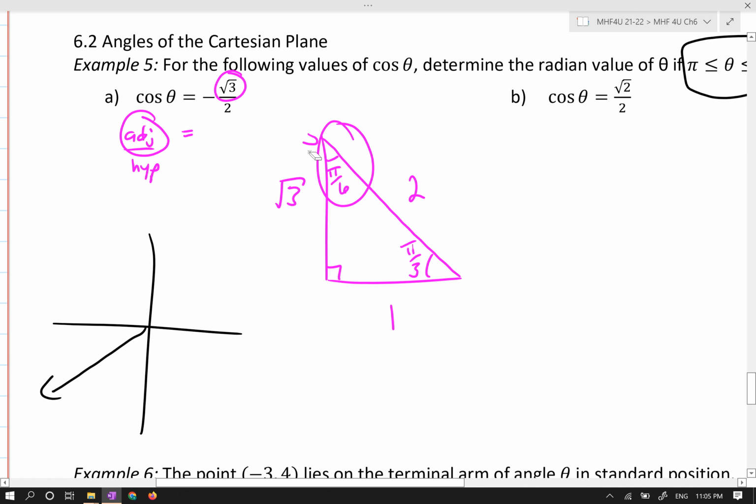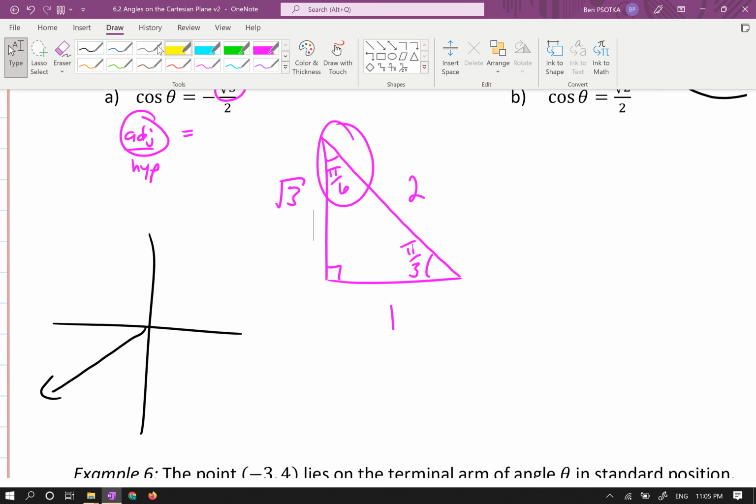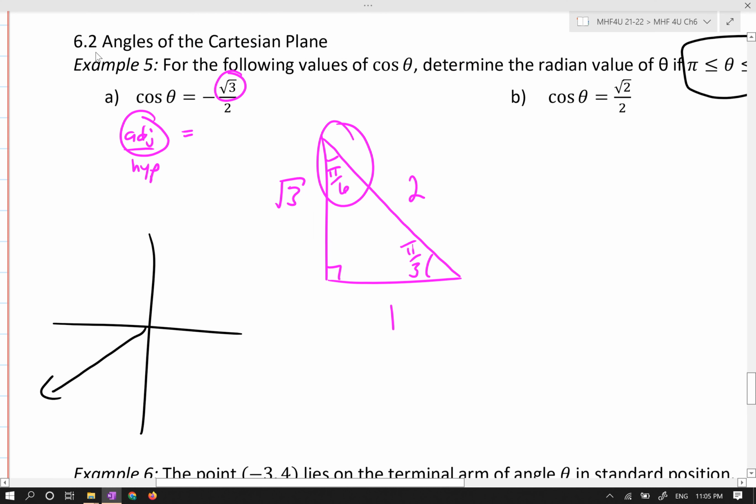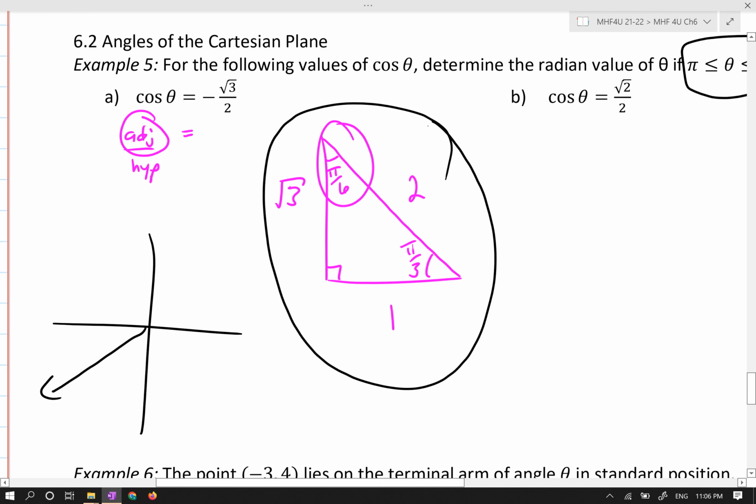So it's that pi over 6 that we're going to use, and then we'll play around with it a little bit more. I'm working here with the square root of 3 over 2, but it's not negative the square root of 3 over 2 that I'm working with down here, because my related acute angle is pi over 6.